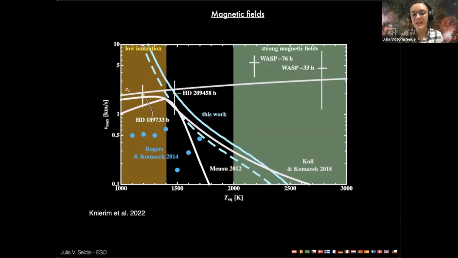Everybody blames everything on magnetic fields, and nobody knows how to study them because they're not really observable.